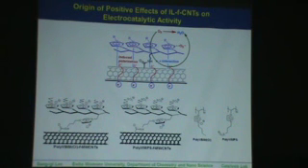So we thought probably these imidazolium cations induce polarization of the pi electrons of the CNTs and then create a positive charge which attracts the electrons to the electrode very easily.